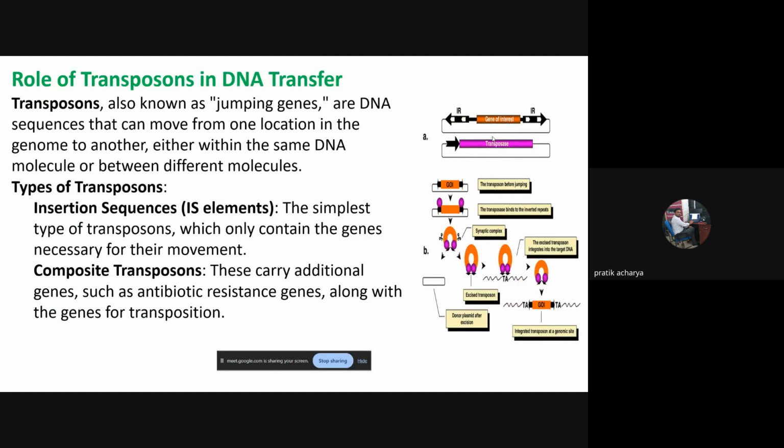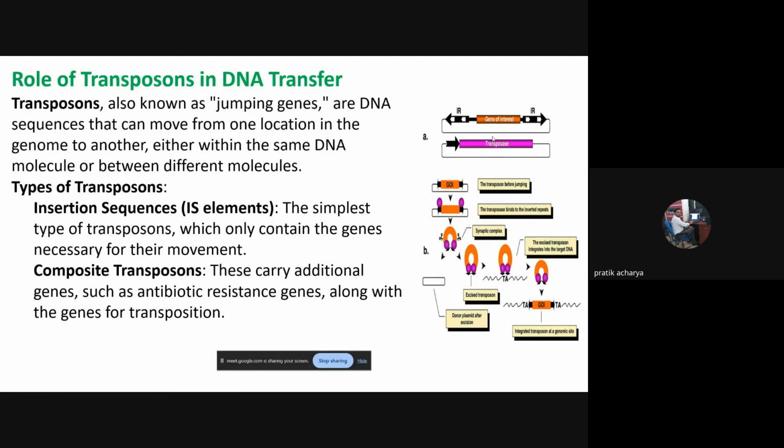Then we come to the role of transposons in DNA transfer. Before going to that, first of all, we have to discuss DNA transfer. So what is DNA transfer?